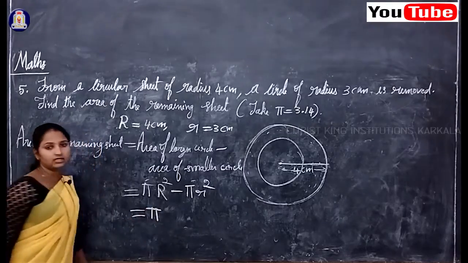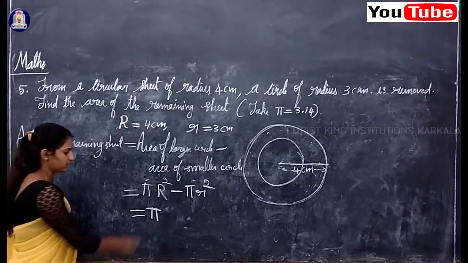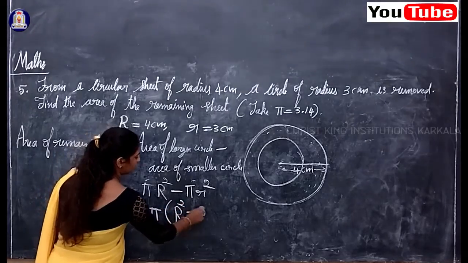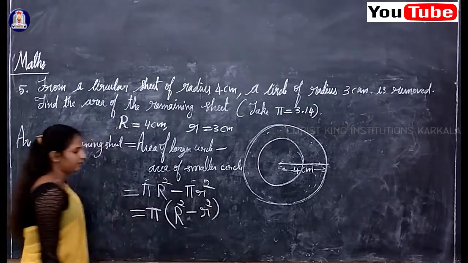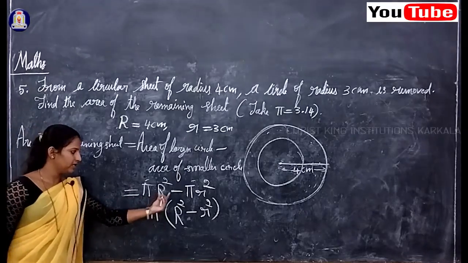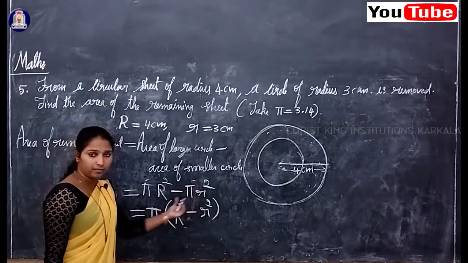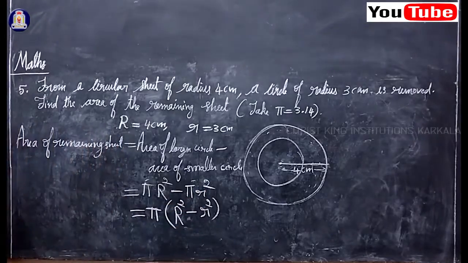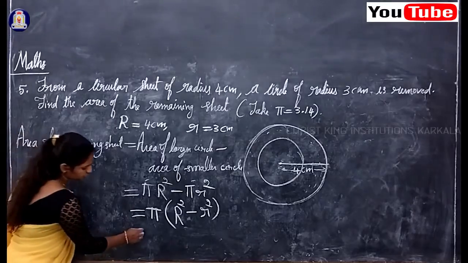Pi we can take as a common factor, so we can write it outside. So what is remaining here? Capital R square minus small r square. If I take pi outside, remaining is capital R square, and here also if I take pi outside, remaining is small r square. So that is the area of the remaining sheet.